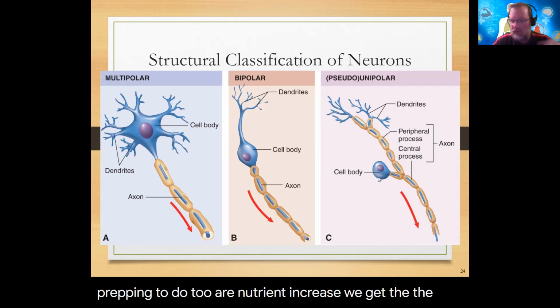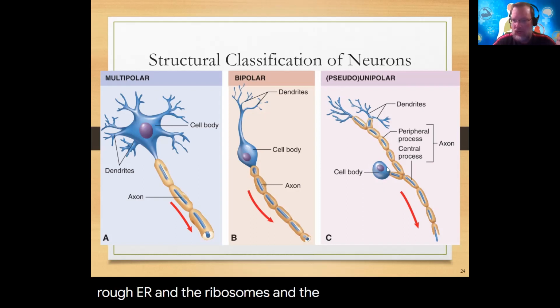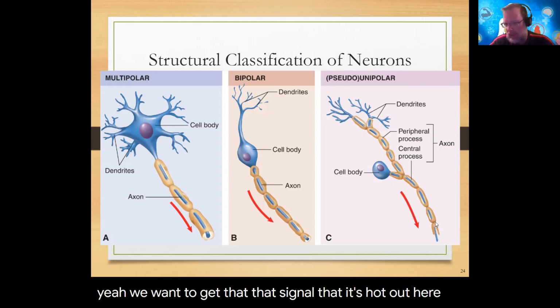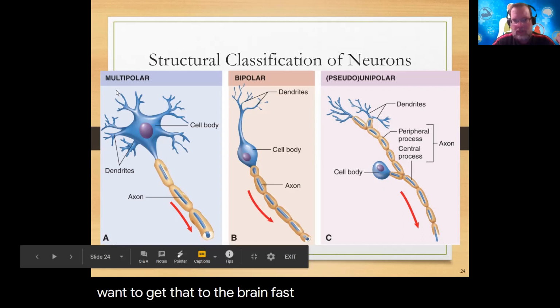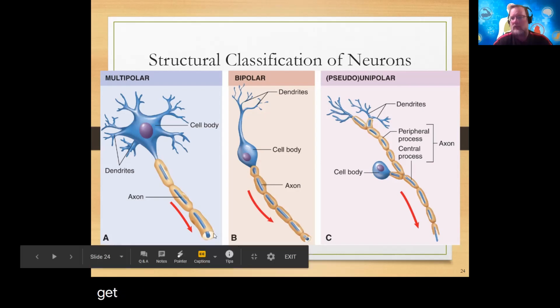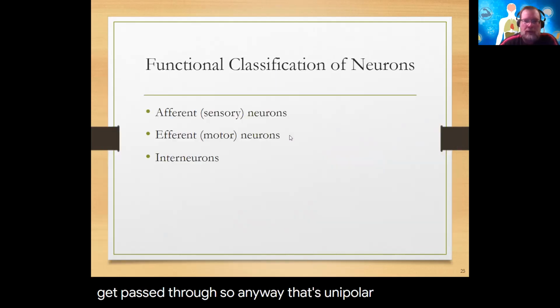We get the rough ER and the ribosomes and the Golgi activated. But yeah, we want to get that signal that it's hot out here to the brain fast. Whereas if I touch something here, it's hot, it's got to come through here. We've got to wait for everything to sum, and then we finally pass through. So anyway, that's unipolar.